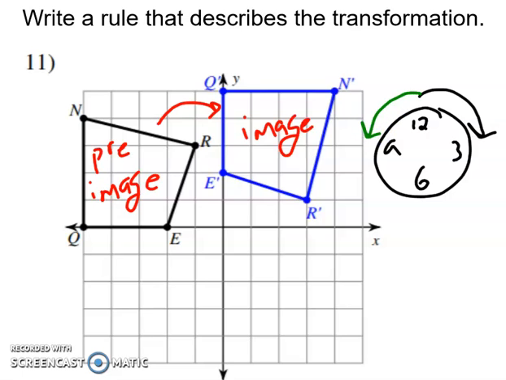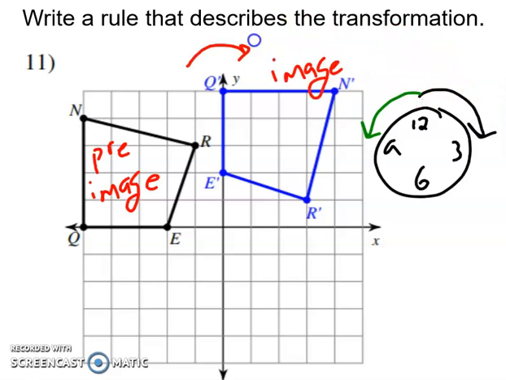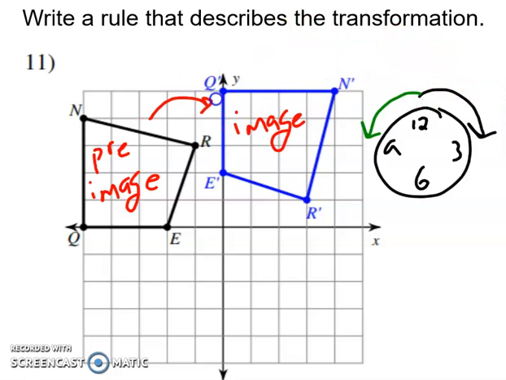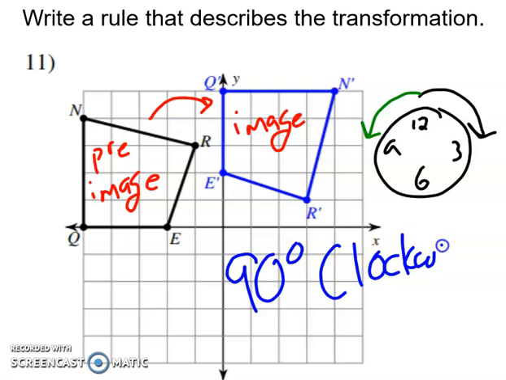Well, I can just take the arrow. You can see, oh, I'm going to my right. So since I'm going to my right, I'm going clockwise. So our answer here is 90-degree clockwise.